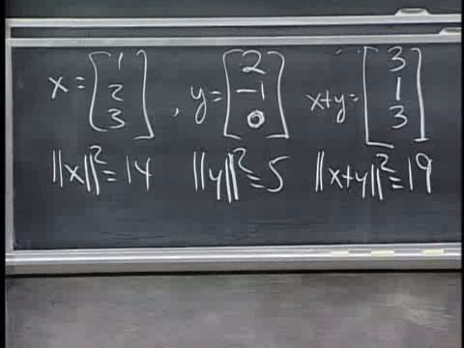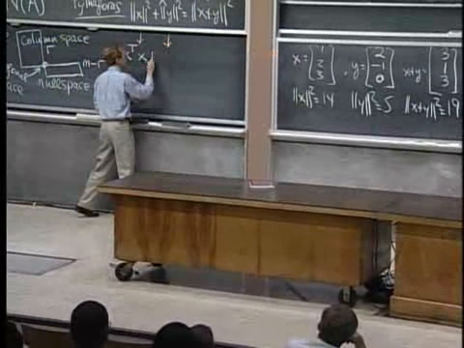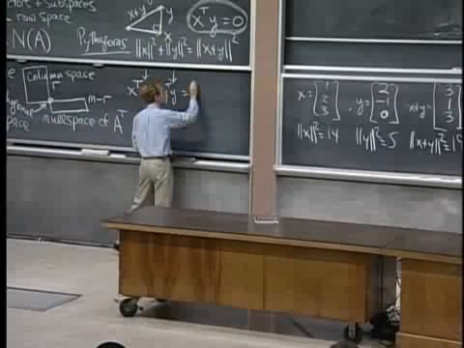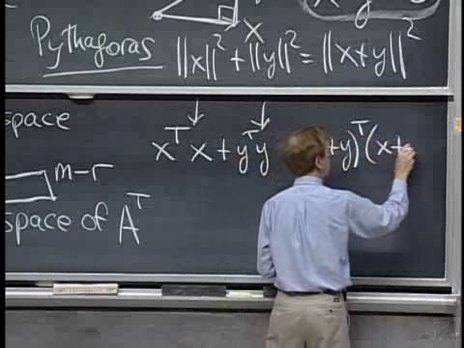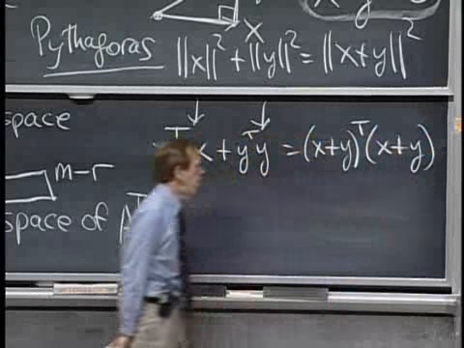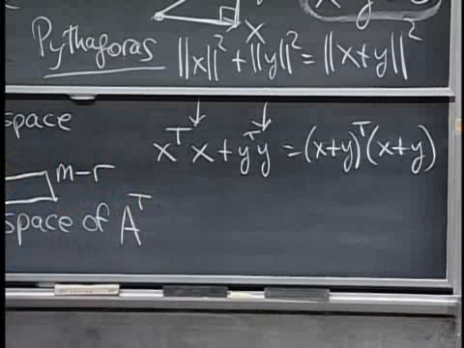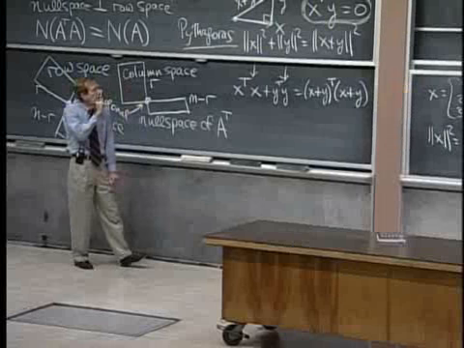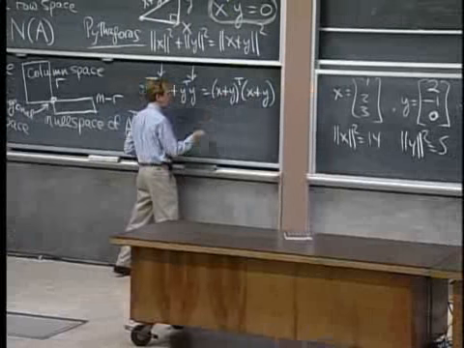Now, let me just do that in letters. So that's y transpose y. And this is x plus y transpose x plus y. Okay. So I'm looking, again, this isn't always true. I repeat, this is going to be true when we have a right angle. And of course, I'm just going to simplify this stuff here.